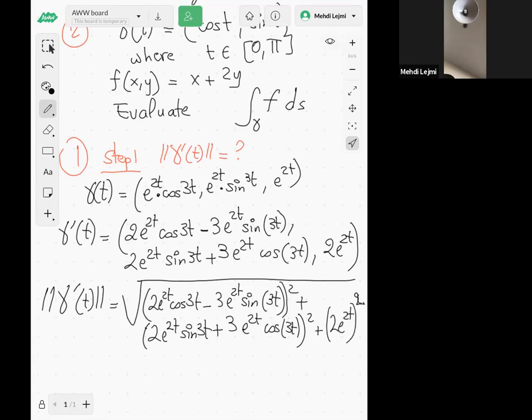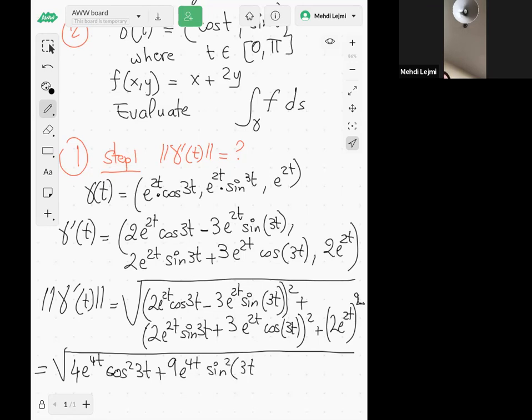All right, guys. Anyway, you have to distribute, and then there will be some cancellation. Taking the square, it's 4 exponential of 4t cosine square of 3t, plus 9 exponential 4t sine square of 3t, minus 3 times 2 times 2, that will be 12 exponential 4t cosine of 3t sine of 3t.